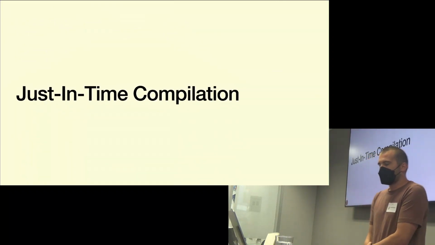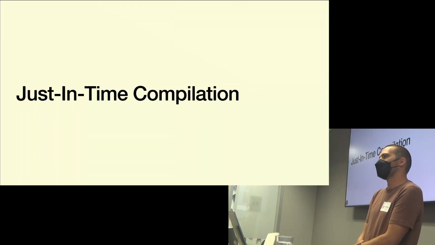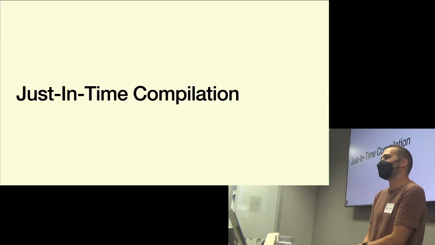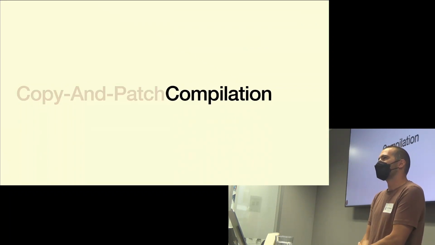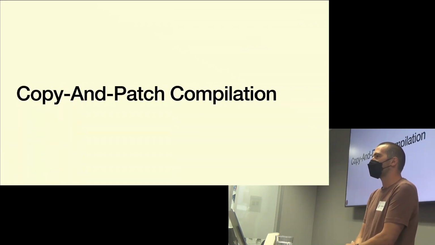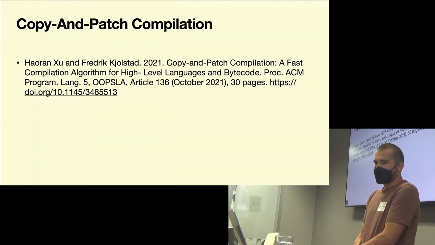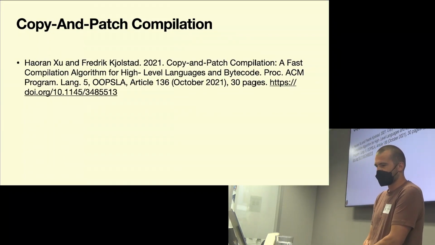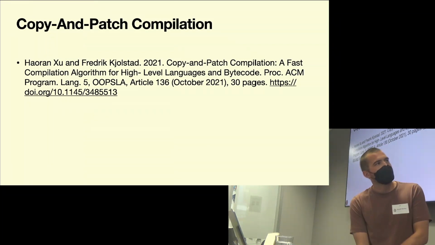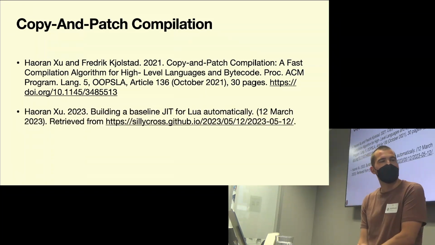So, one recent development in JIT compiler technology is something called copy and patch compilation, and it actually fulfills many of these goals in a really satisfying way. If you haven't heard about it, which I hadn't that long ago, copy and patch compilation comes out of a Stanford paper, but if you don't like reading the paper, I highly recommend the blog post.